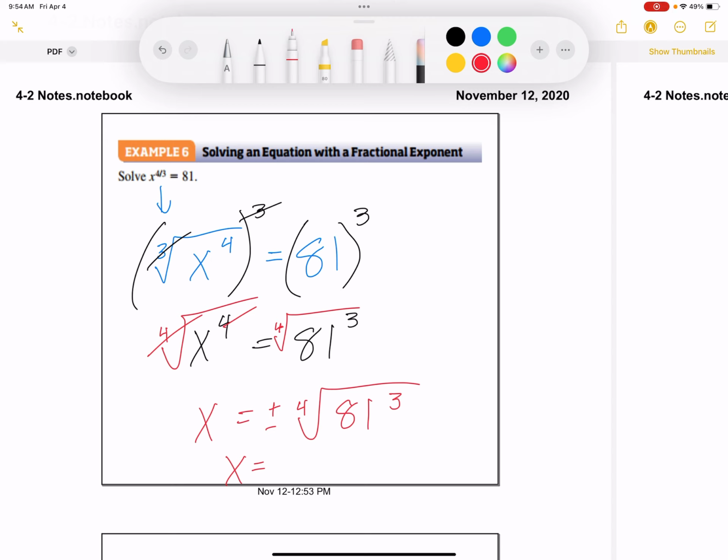If you've got a TI-84, you hit math first and you go down to the 5th one and you'll see the x root, and then you need to put a 4 in there. So the 4th root of 81, and then under the clear button there's the caret, which looks like an arrow pointing up a little bit. That gives you the exponent of 3. You put that in and it tells us 27. So my answer would be plus or minus 27.